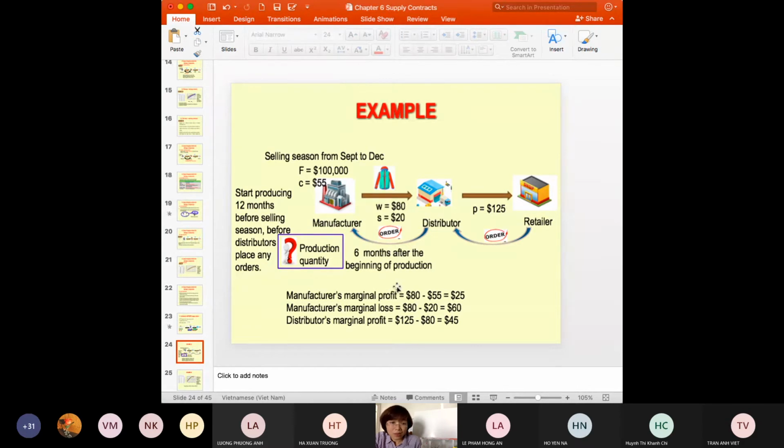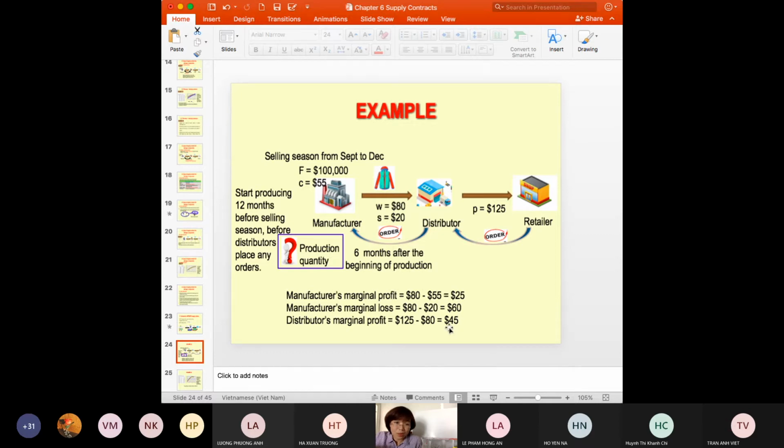So in this, we can see that here is the make-to-stock. The profit the manufacturer gets is 25, and the loss is 60.